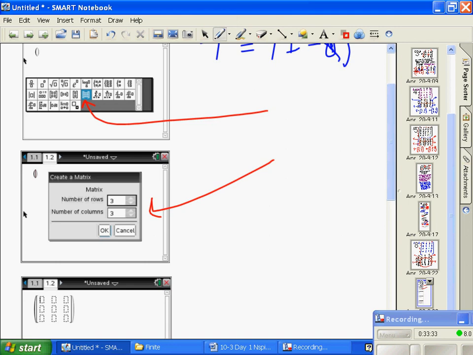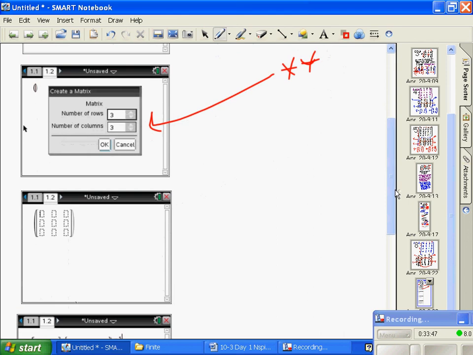This one right here was just if you needed a 2 by 2, but here's the matrix key you'll probably use all the time. I just wanted to show both of those to you so you know that you can use those. Okay, so pick 3 by 3 and then hit OK. Press OK right there. And your 3 by 3 template will come up.